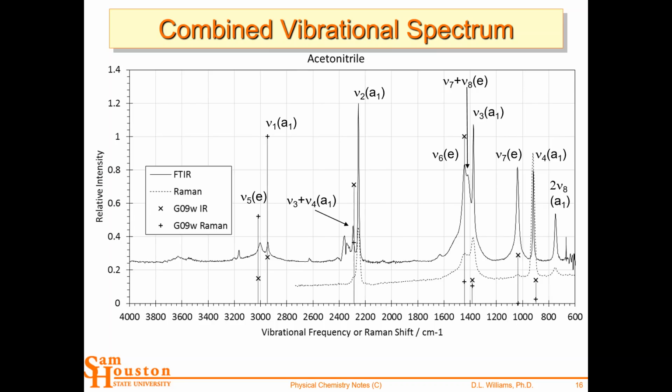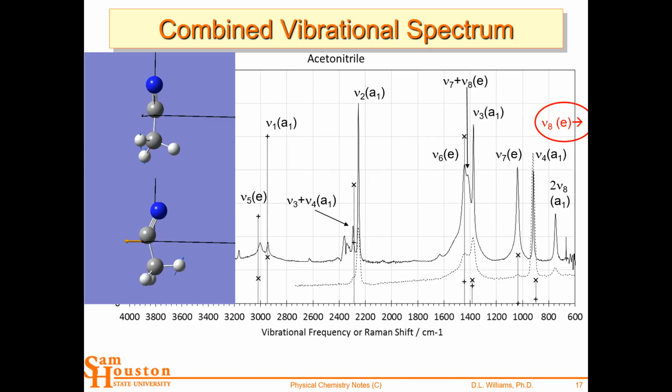So let's go through the spectrum. The really low frequency modes are the bending modes. And again, what makes the frequency high or low? Think about that equation. Frequency is equal to the square root of the force constant divided by the reduced mass. If we're moving a lot of mass, then you get a low frequency.